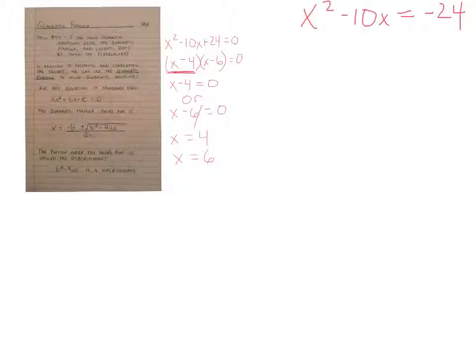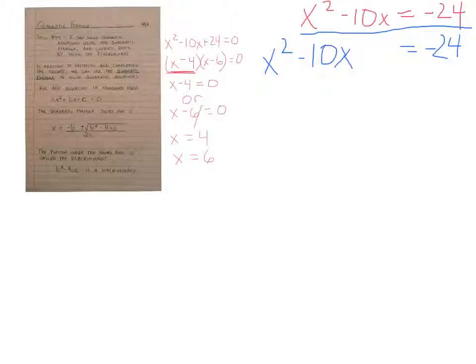If I wanted to use completing the square to solve the same problem, we see that it's already in the form where the x terms are on the left-hand side of the equation and the constant is on the right-hand side.